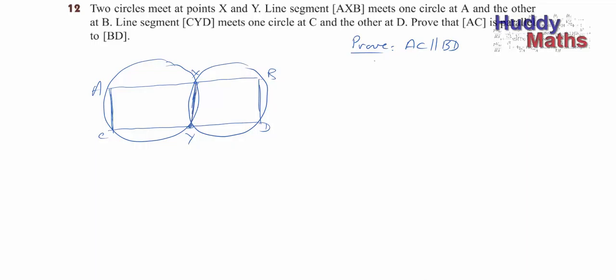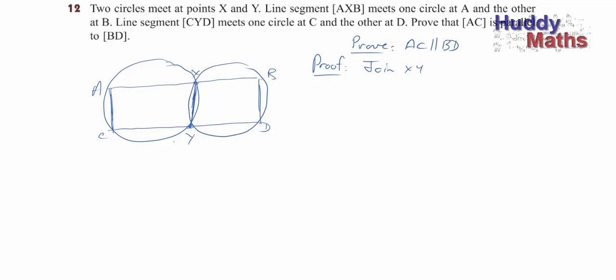Now, can you get that idea? That's why we're joining XY, because we can see to use the two circles, we're going to want to use the cyclic quadrilaterals, so they are AXCY and XBDY.